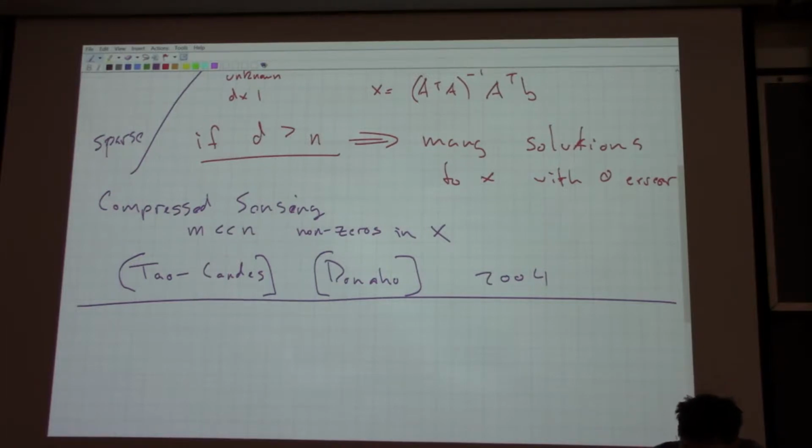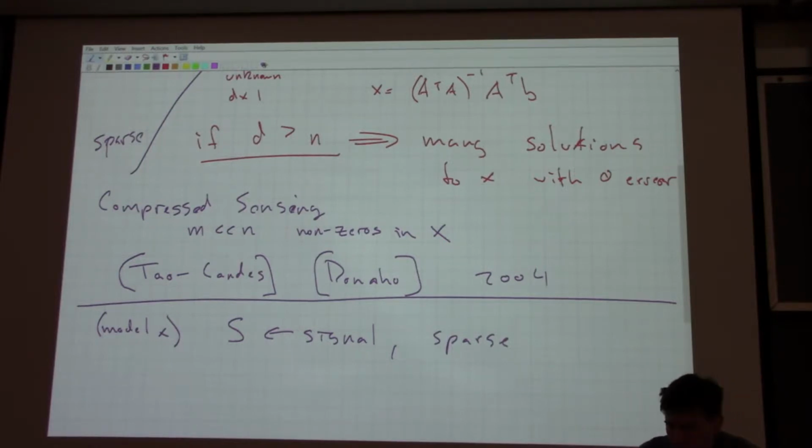So we're going to start where the model, which was X, is going to be S. And we're going to think of this as a signal. And so we're going to say that this is a sparse signal. When I first introduce this, I'll talk about this in the notion of bits. It'll be a little bit easier to see the general model, and then we'll talk about an algorithm that'll work on things that have real values instead.